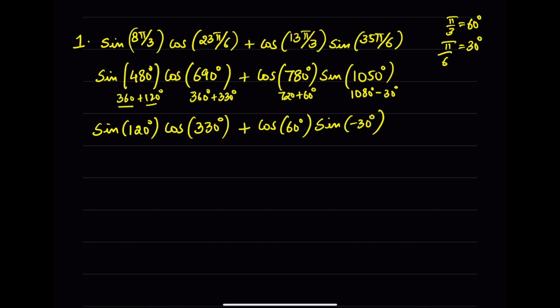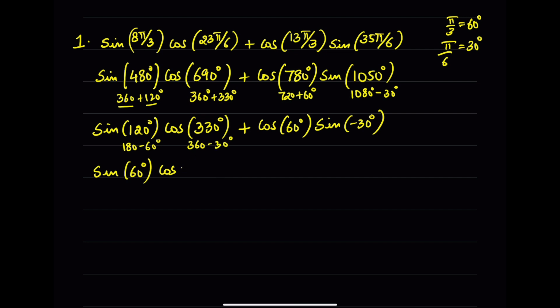Okay, now let us start applying. So this is sine of 120, which is 180 minus 60 degrees, correct? So this will be sine of 60 degrees, and it is positive because it's the second quadrant and sine and cosecant are positive. And this would be 360 minus 30 degrees.